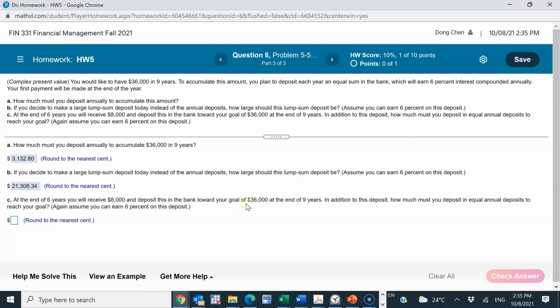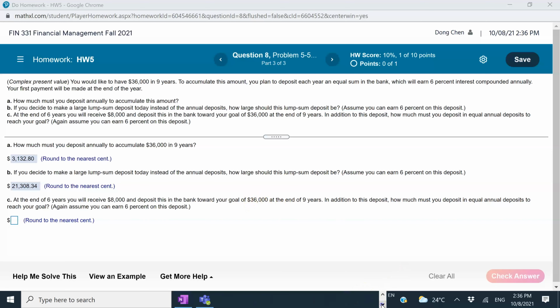So from 6 to 9, this $8,000 will compound for 3 years, and combined with our annual deposit annuity payment, combining these two can help us reach this goal of having $36,000 by the end of the 9th year.